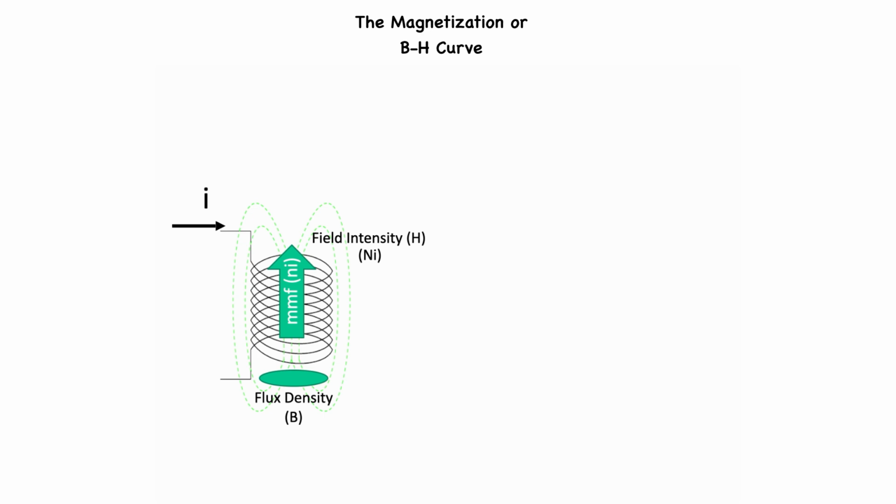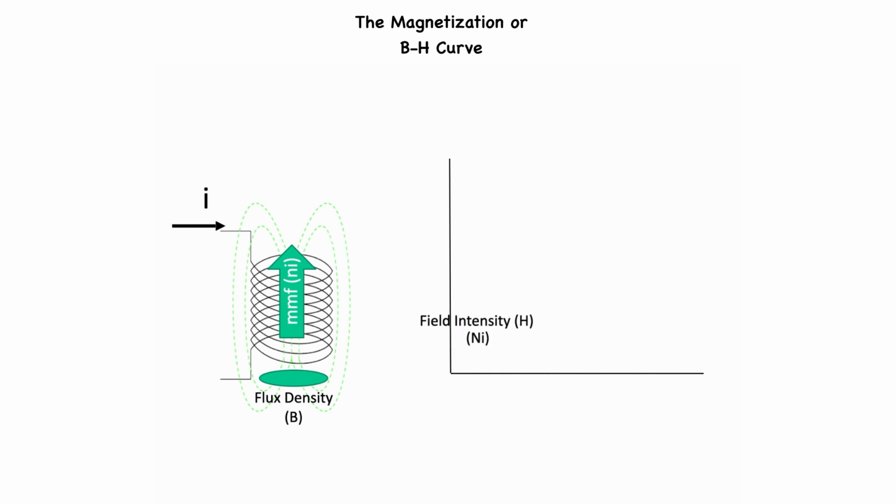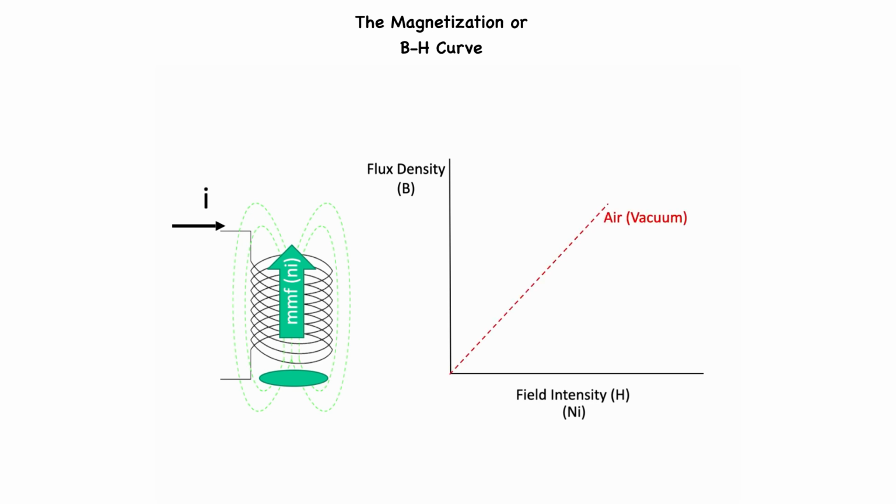If we were to plot this flux density as the current or field intensity increases, it would be linear, or a straight line. This is known as a magnetization curve or a BH curve, even though it's not much of a curve, but the reason we call it a curve will be evident when we see the next few slides.